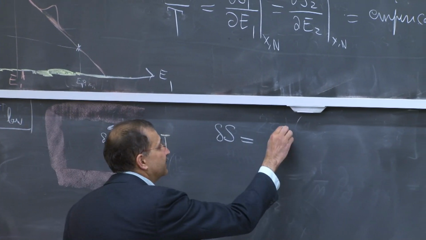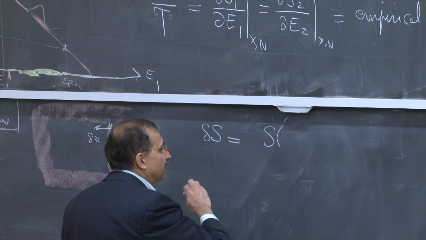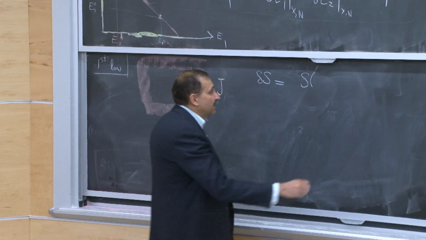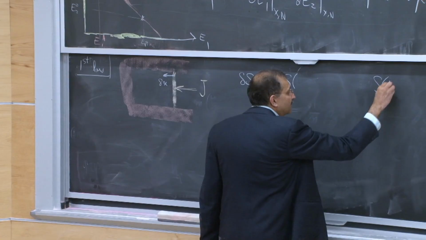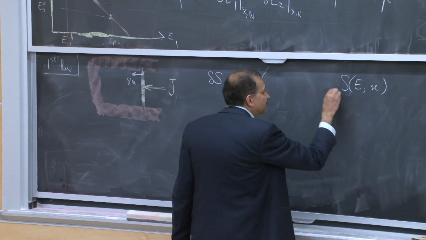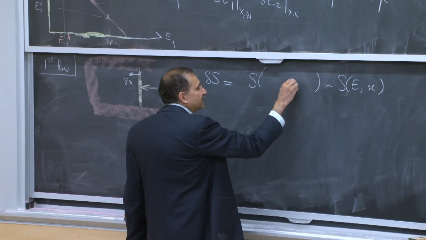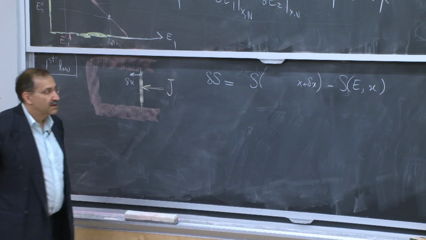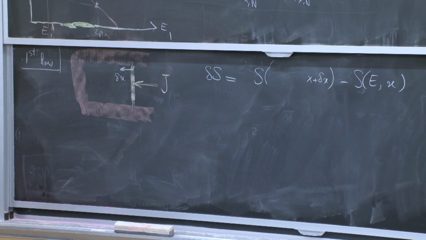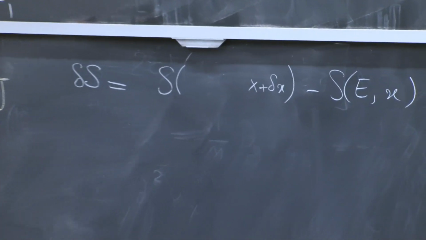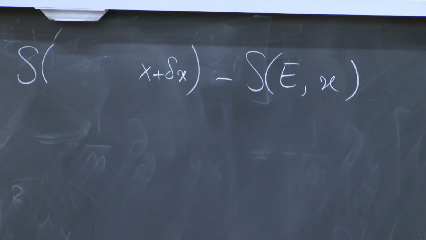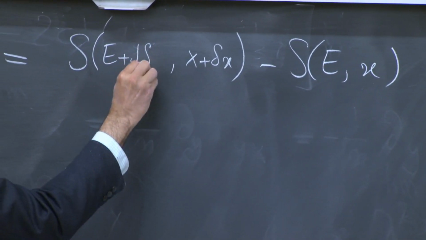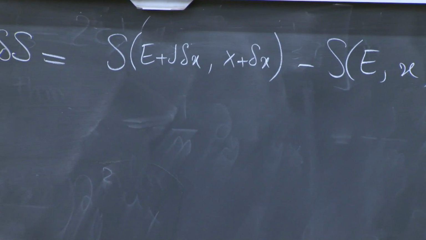And so this is essentially the change starting from E and X to going to the case where X changed by an amount dx. But through this process, I did work. And so the amount of energy that is inside the system increases by an amount that is J delta X.